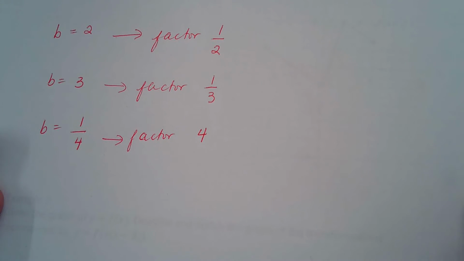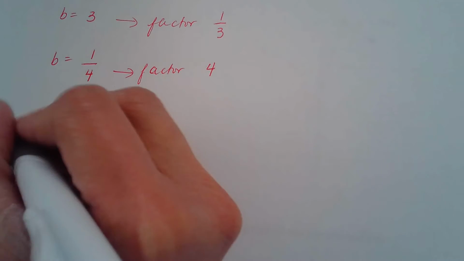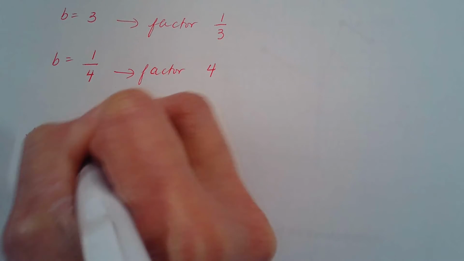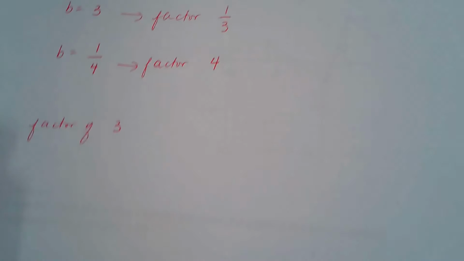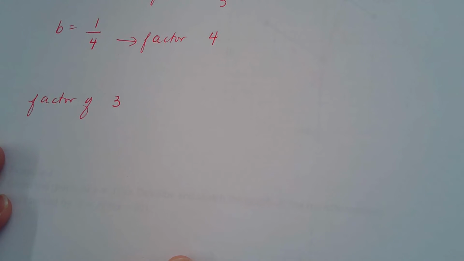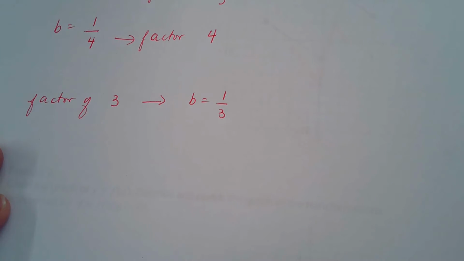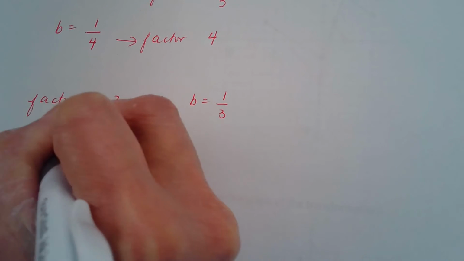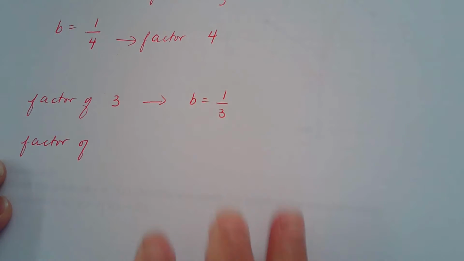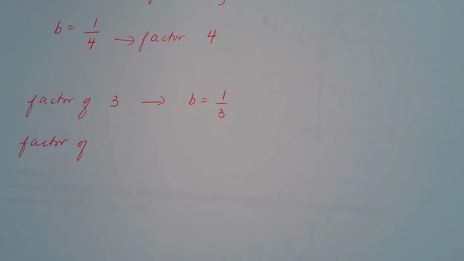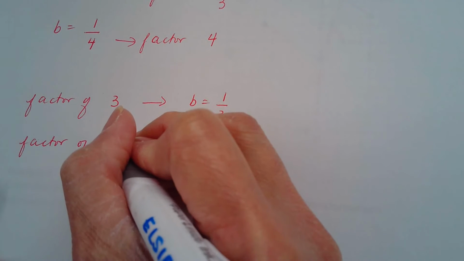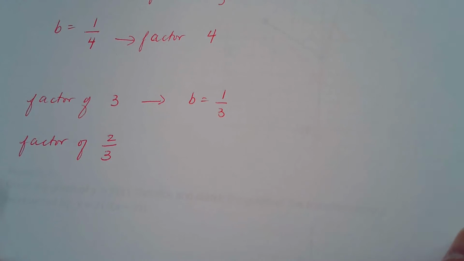Okay? Is that good? Now, what if we go the other way around? What if we say the factor is 3? What's the b? Yeah, so therefore b is 1/3. What if the factor is 2/3? What is the b? All of these are just for the b's, because the b's are the ones that are a little bit confusing sometimes for some students.